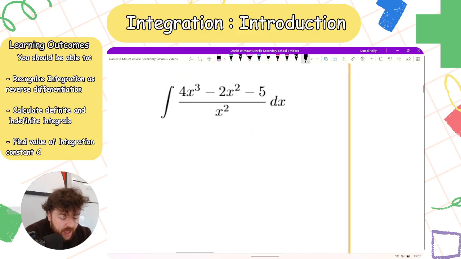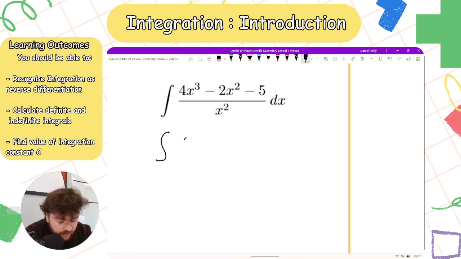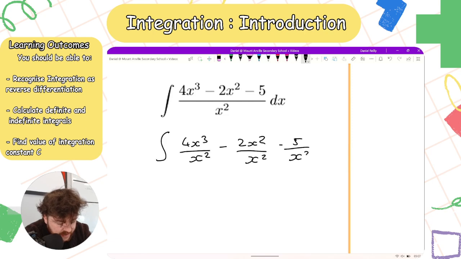Right, here, again, no quotient rule for differentiation, so I need to split this up. I can split this up as the integral of 4x cubed over x squared minus 2x squared over x squared minus 5 over x squared. Then this will be the integral of 4x minus 2 minus 5 times x to the power of minus 2.